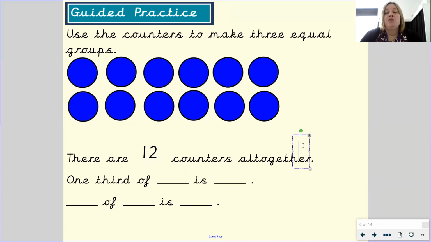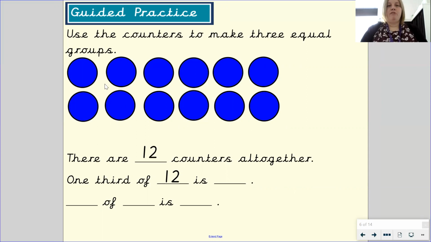1/3 of 12, because we have 12 all together, is, and we've got to work that out. 12 is our whole number, and we've got to divide our counters into 3 equal groups.